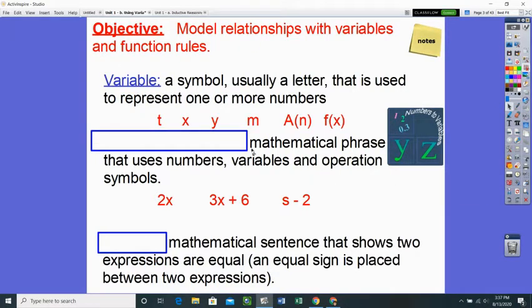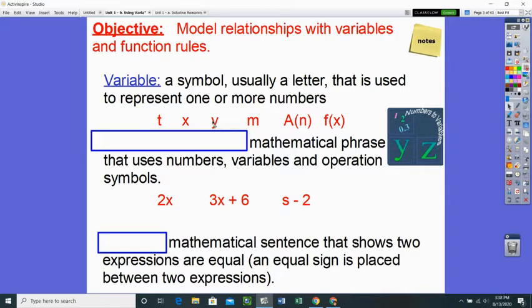And I'm giving you some examples of variables that you've been using for many years in math. T is one that science likes to use a lot. Math uses it for time. X and Y are used a lot in algebra and higher math to represent sort of input and output, or the XY coordinates on a coordinate plane.